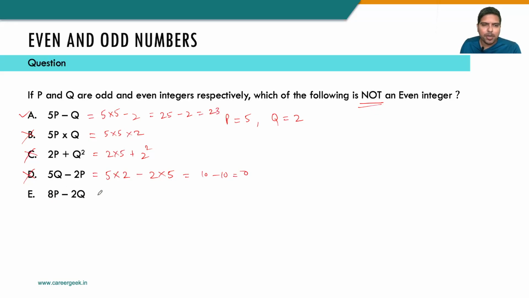Now 8p, so 8 times 5, subtract 2 times q. So this is even and this is even, even minus even, we get even. So there's only one option which gives odd, so it is not even, so the answer is A. Make sure you all note these questions. So this is for your reference basically, right? Make a note of all of this.